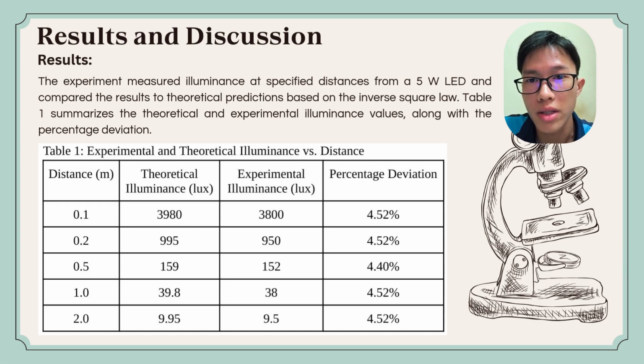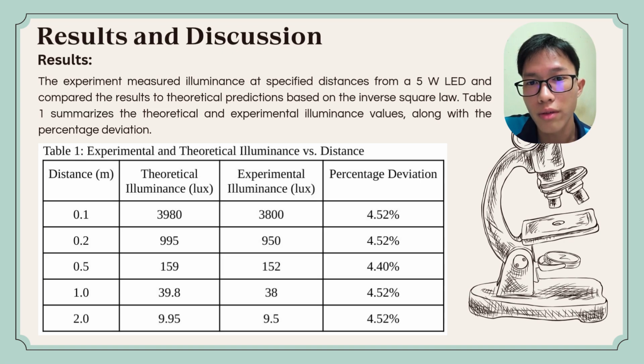So look at the results. The experiment measured illuminance at specific distances, and we compare the results to the theoretical predictions based on the inverse square law. Table 1 summarizes the theoretical and experimental illuminance and also the percentage deviation.